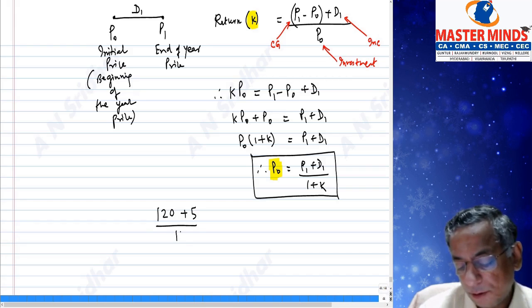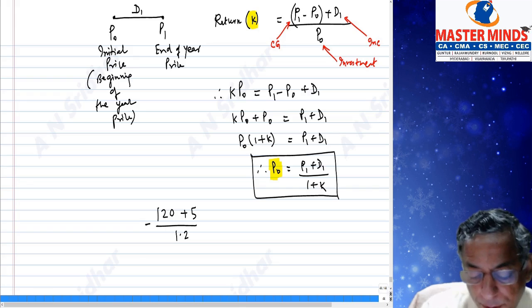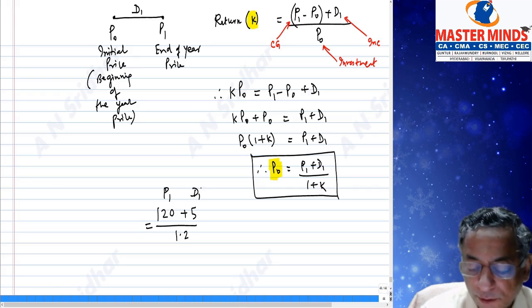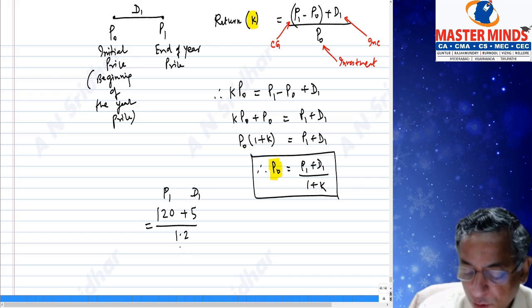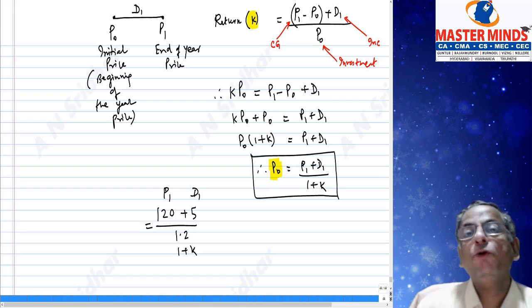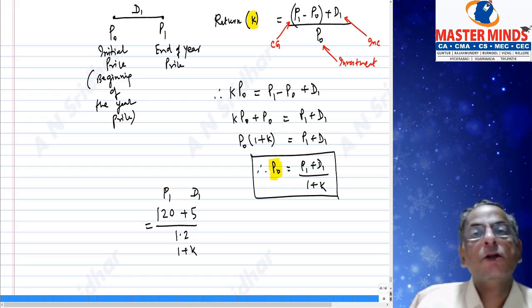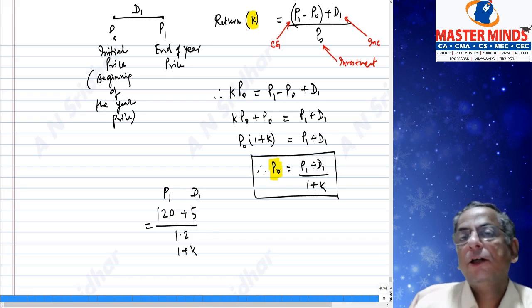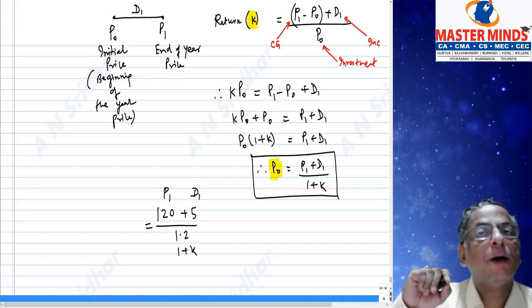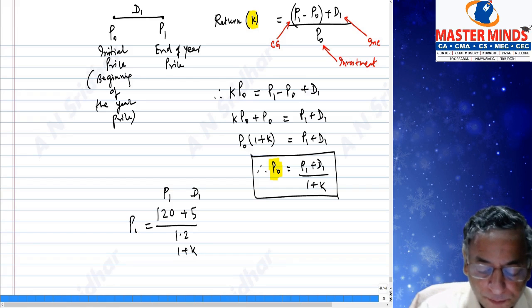I want 20% per annum. Therefore, at what price I must buy? So this is your P1, this is your D1, which you are expecting, and this is your 1 plus K. So if you know the estimated value of P1, if you know estimated dividend D1, if you have already kept in mind what return you want to earn, we can find P0.